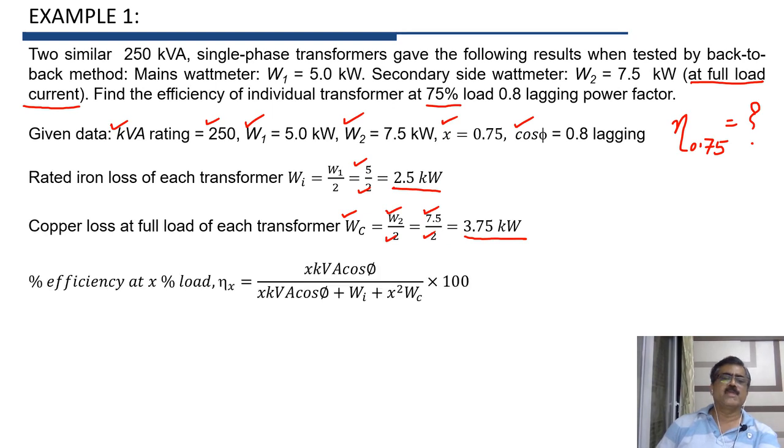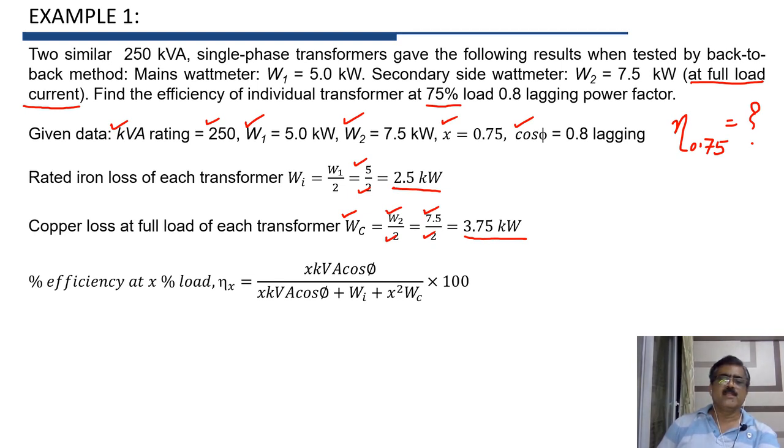So now we can calculate the percentage efficiency. Now at X% load, the percentage efficiency is given by X kVA cos phi upon X kVA cos phi plus Wi plus X square Wc, into 100.